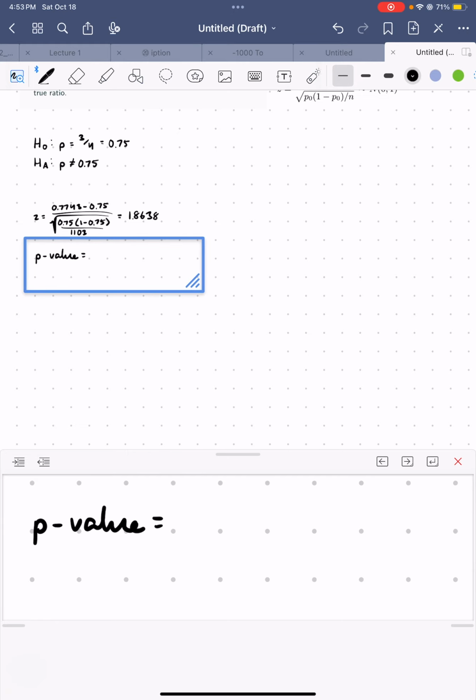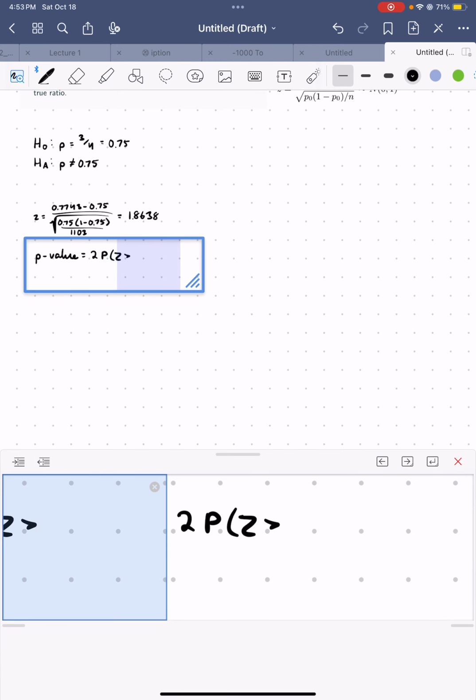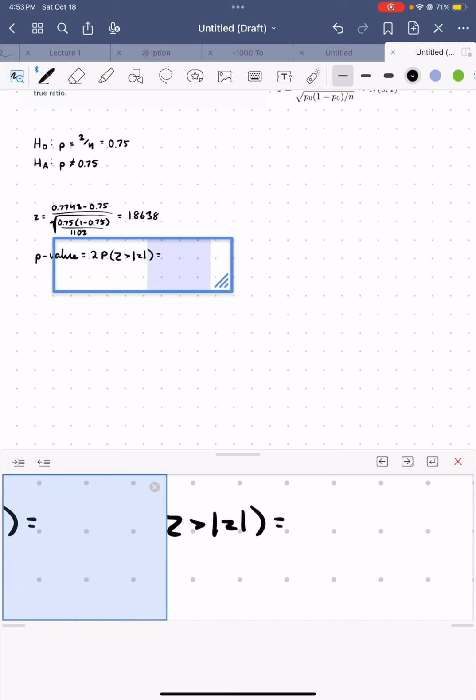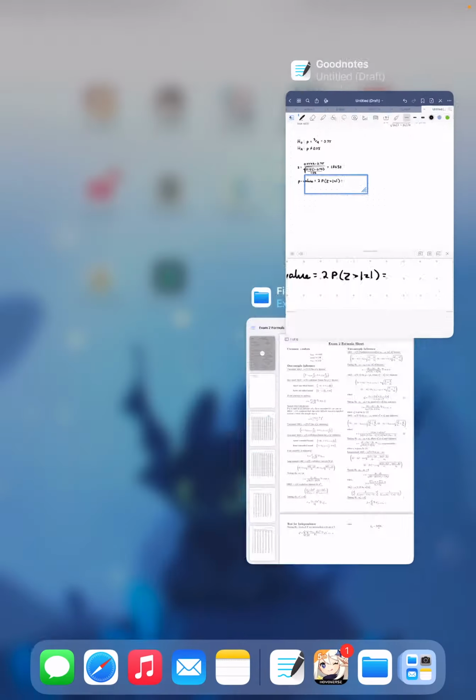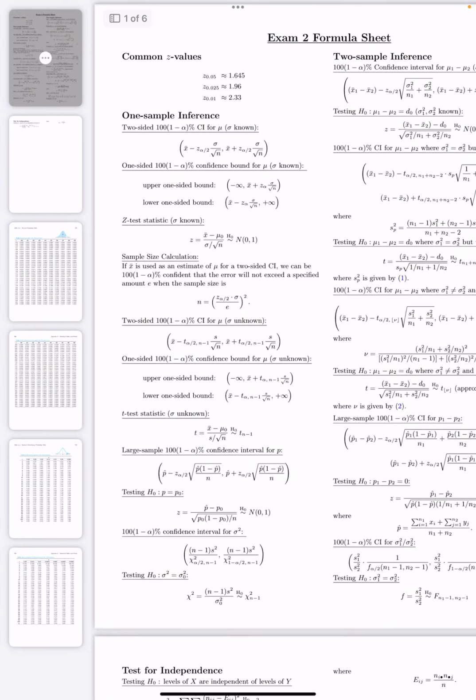And so that's, again, since it's a two-tailed test, we do 2 times the probability of z being greater than the absolute value of our test statistic, and we can look it up on the table again. So our test statistic is 1.8638.